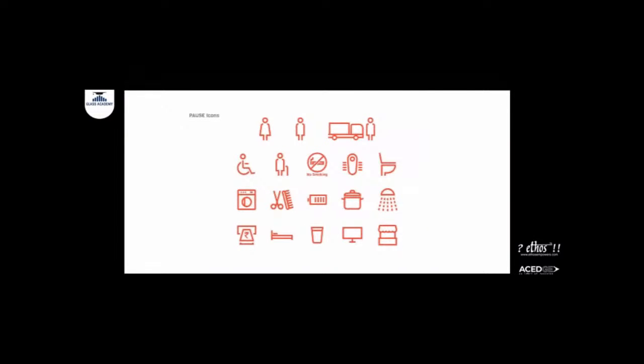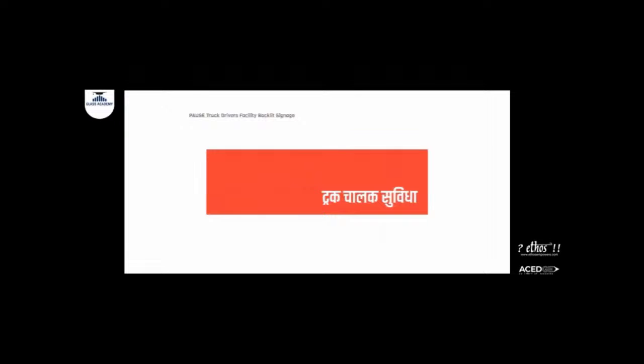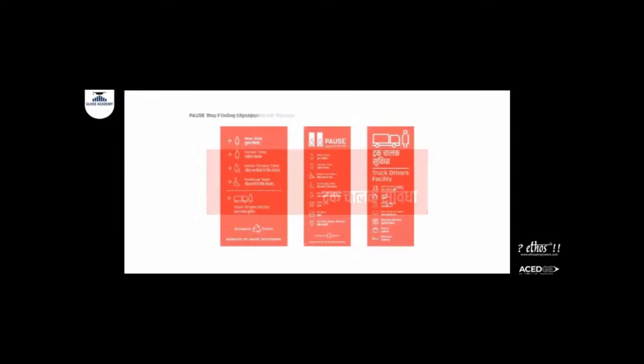And these are some icons we had developed specifically for this project, which are very precise and very easy to understand. And again, signage in another language, hoping that all truck drivers cannot read English, so we had to keep this in the local language.